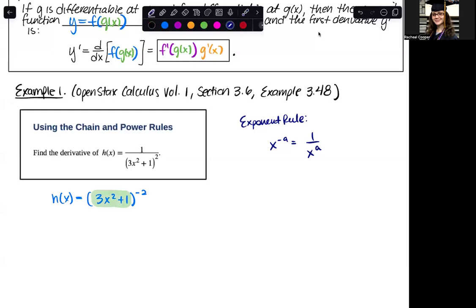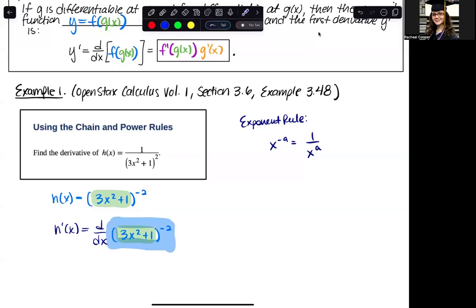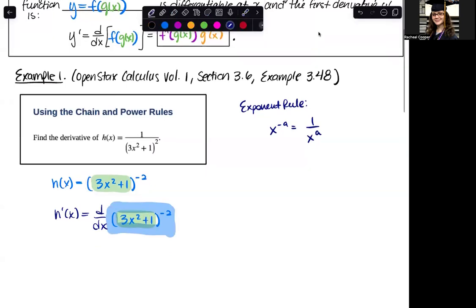So in this case, to find h prime of x, we will differentiate that expression. I like to identify the inner function first. This is my personal preference. A lot of texts encourage you to start from the outside and work your way in. I personally prefer to start from the inside and work my way out because once I see that expression in green being operated on by an external expression, for me, it's a little bit easier to identify g of x first and then pretend like I'm marking it out.